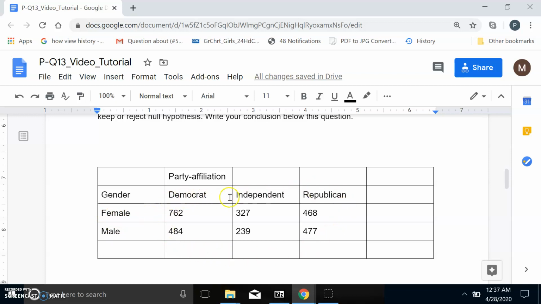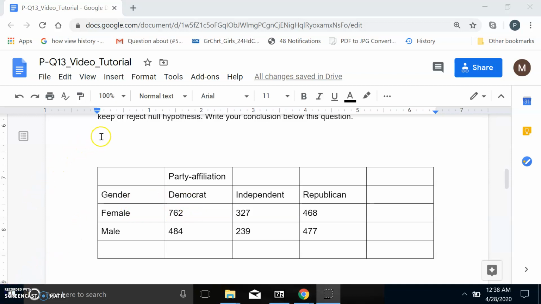There are 762 females who are Democrats, 484 males who are Democrats. I want to know if this data will let us answer the question whether gender and party affiliation are independent. So let's first state our null hypothesis.